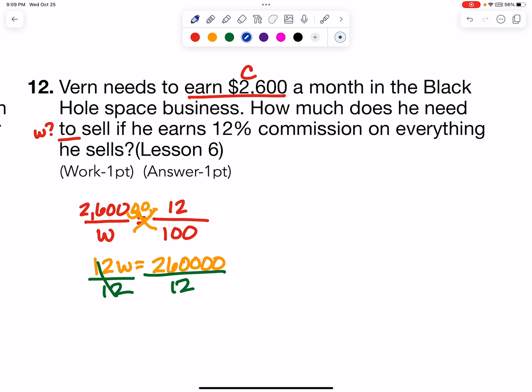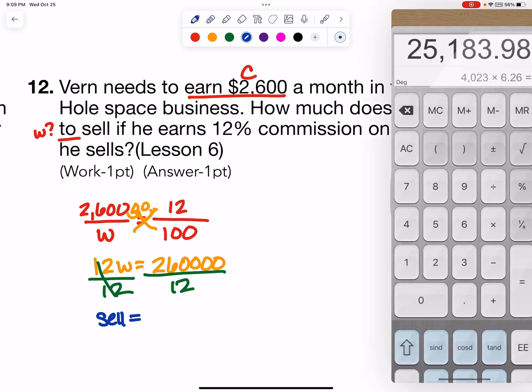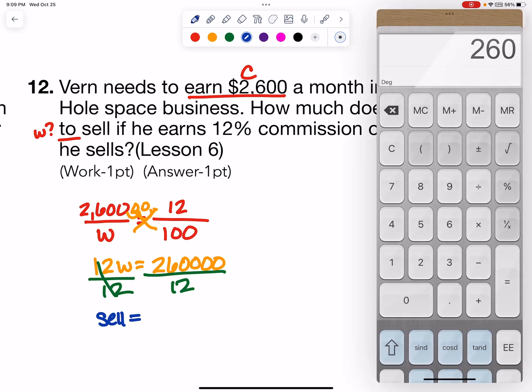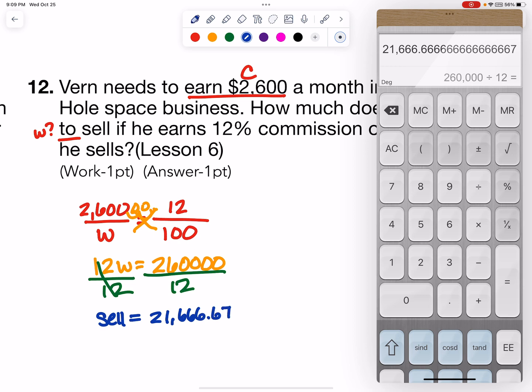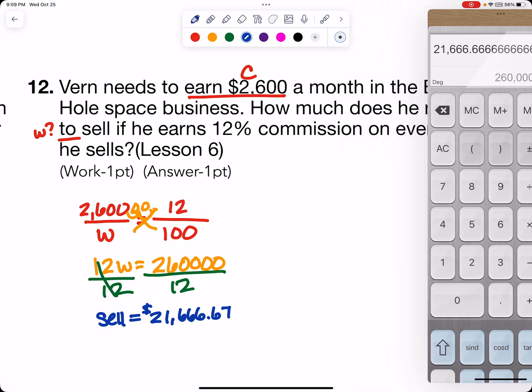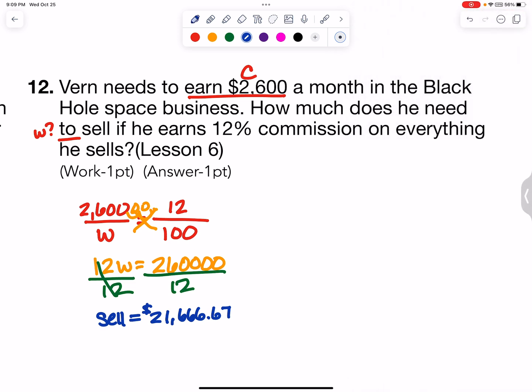Let's just go ahead and we'll probably have to write this out. 2, 6, 4 zeros divided by 12. All right, $21,666.66, rounding 67 cents. Oh, he's got to sell a lot of black hole space business.